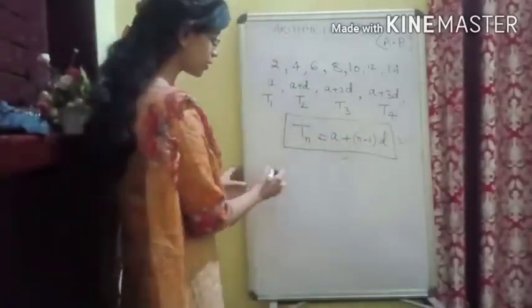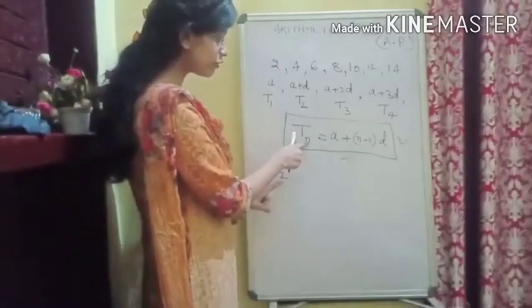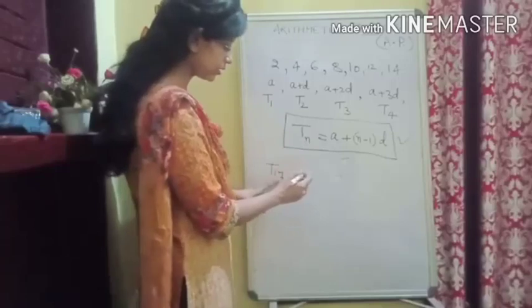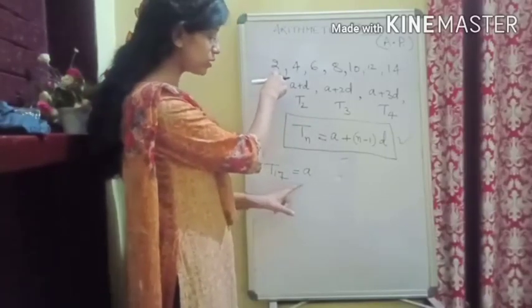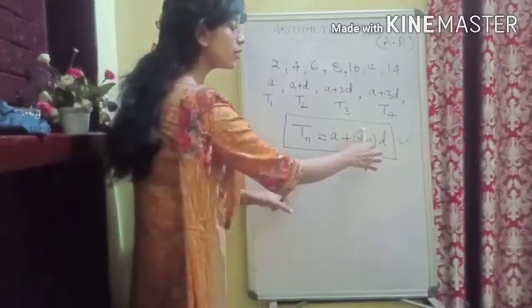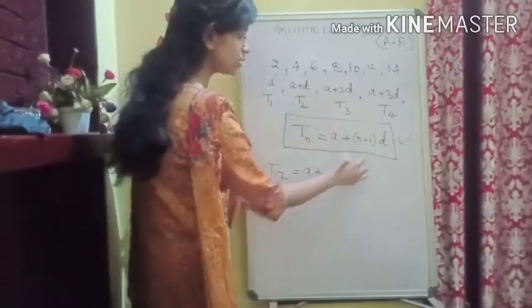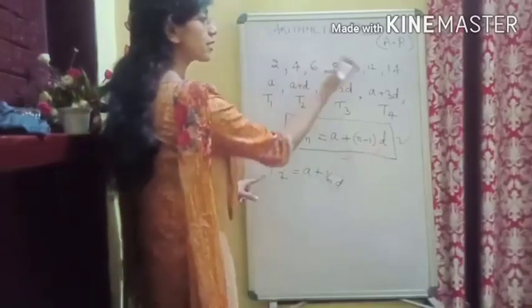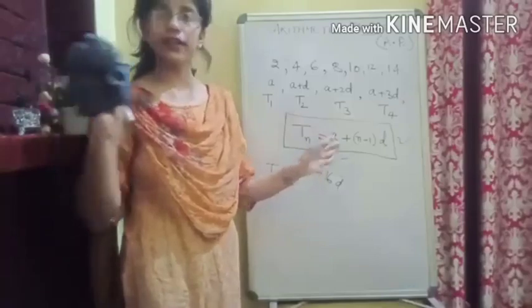If I ask you to calculate the 17th term of the AP, so what is the value of n? It will be 17. Then a, that would be the first term of the sequence, plus n minus 1. What is your n? 17. Minus 1 will be 16 into d. You can always calculate the common difference from the sequence. So this is the general formula.